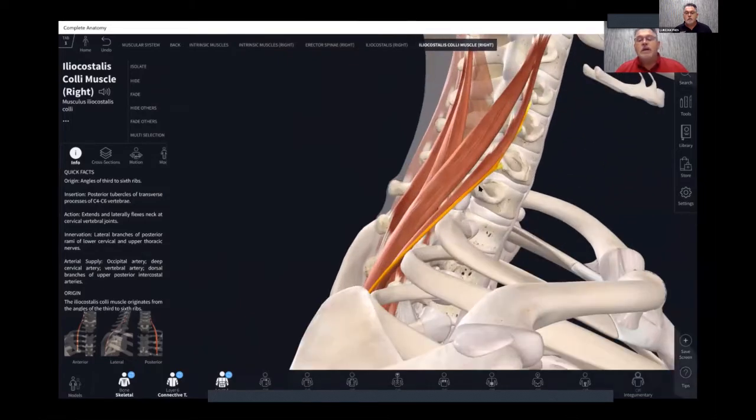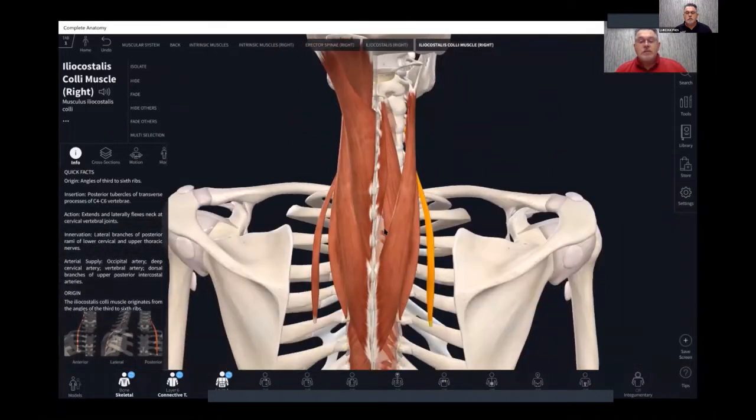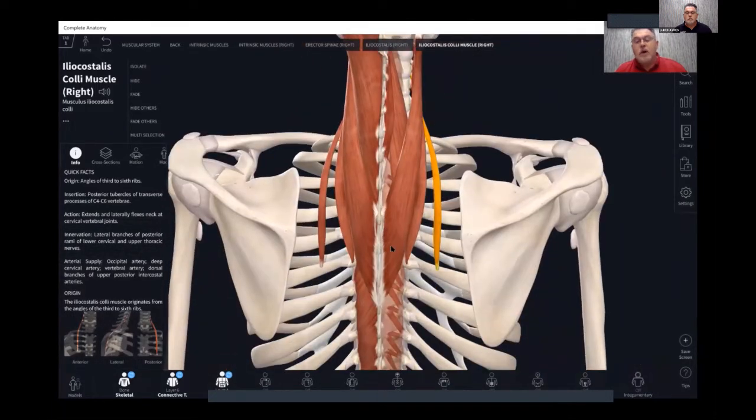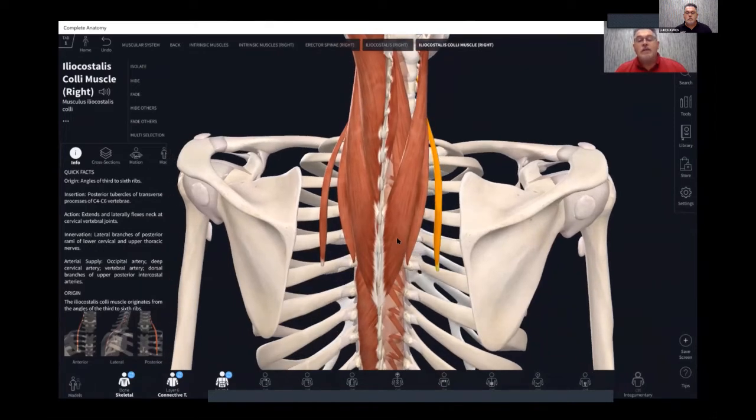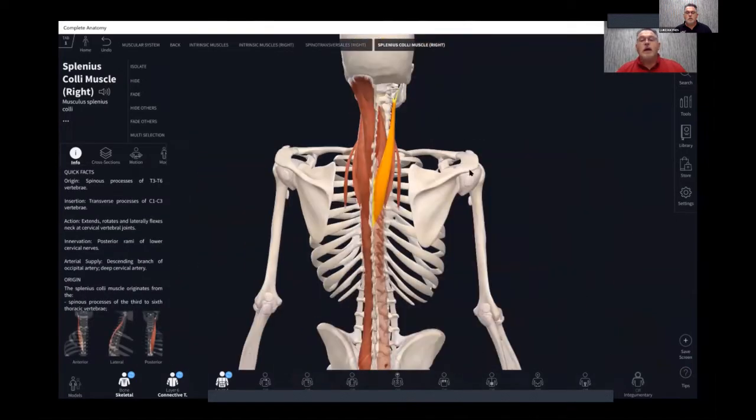Similar to how we had at the spinous process of C6, we covered a lot of the musculature here, similar to the spinous process of T4. In that case, we were able to get the distal fibers of the splenius cervicis here.